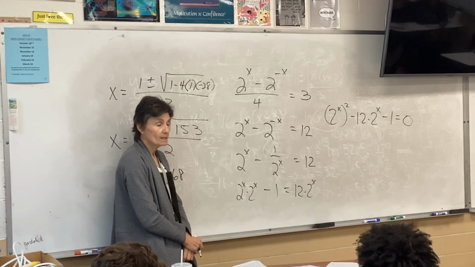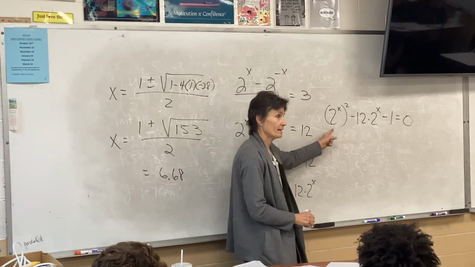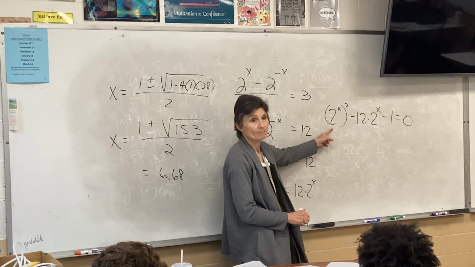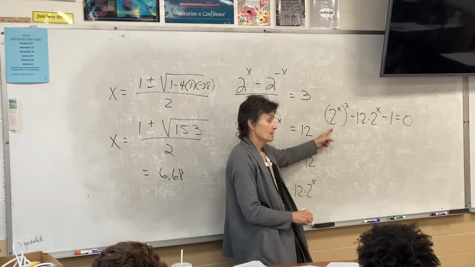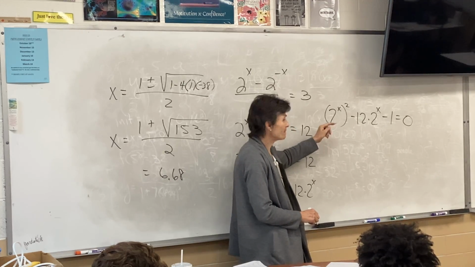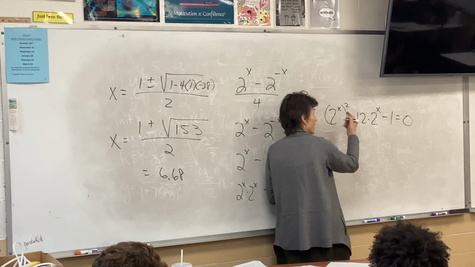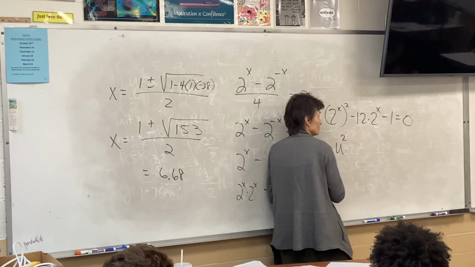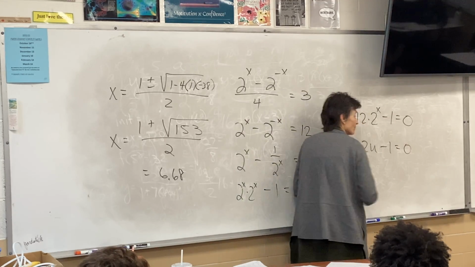Right? Now, some of you can look at that and say that's quadratic. I'm going to factor that, or I'm gonna use the quadratic formula on that. If you can't, I mean, it's a little confusing, so think of this as a letter, like u squared minus 12u minus 1.